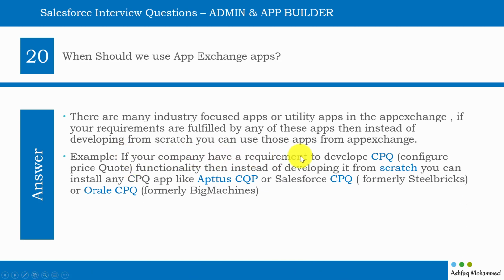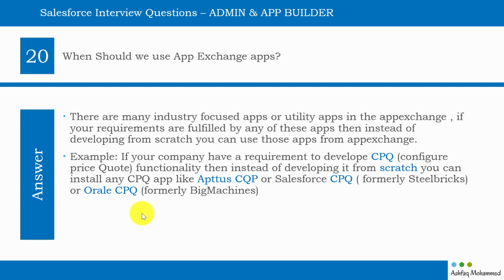So that is the best part, right? For example, if your company has a requirement to develop CPQ, configure price quote functionality, then instead of developing it from scratch, you can install any CPQ app like Apttus CPQ or Salesforce CPQ, formerly Steelbrick, or Oracle CPQ, formerly BigMachines, right? These apps are tightly integrated with Salesforce, right? You don't have to do something extra.